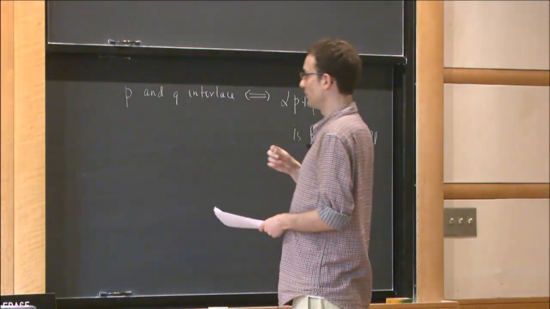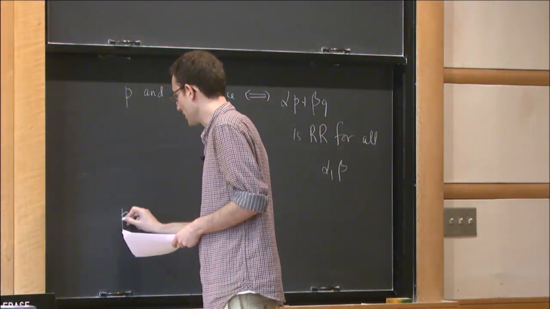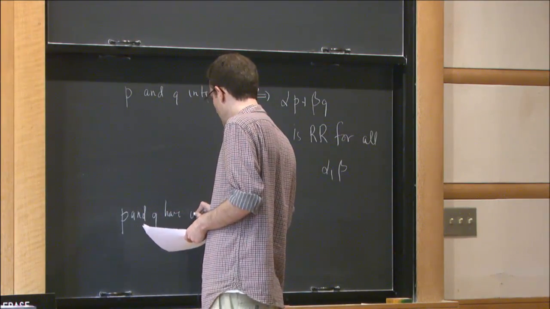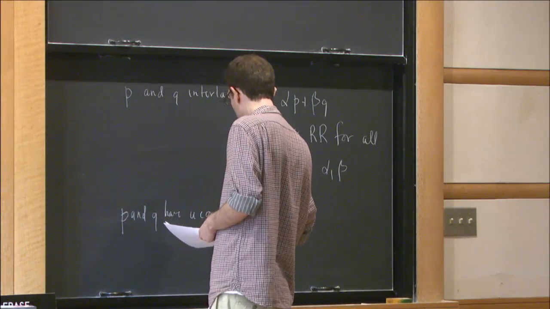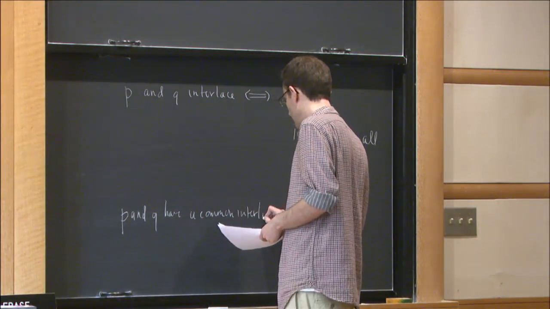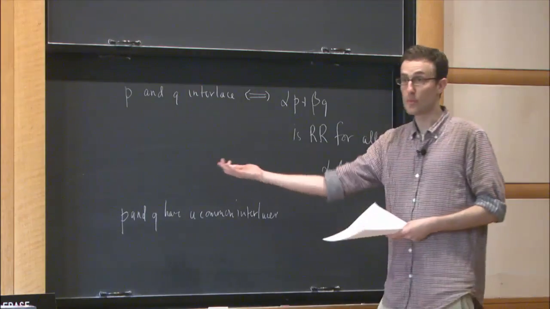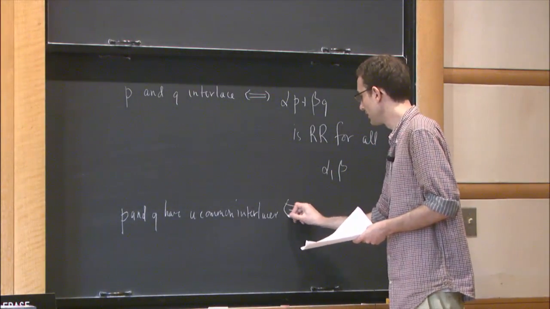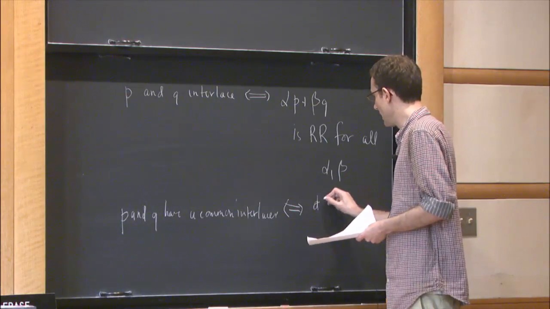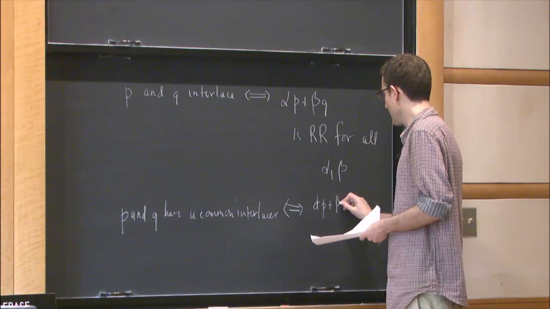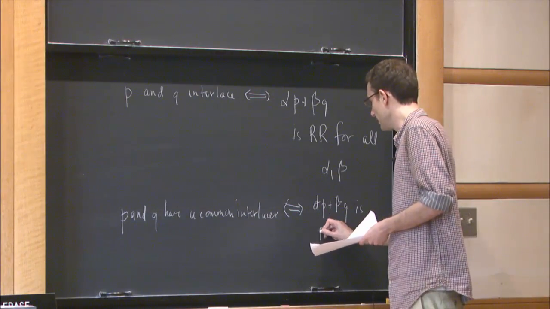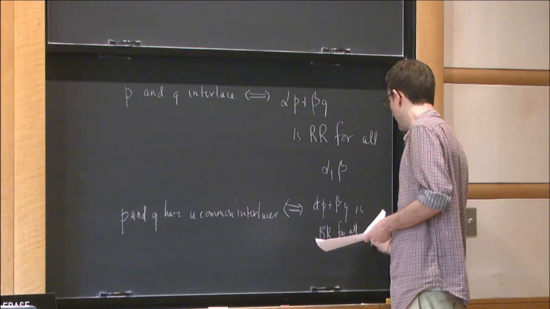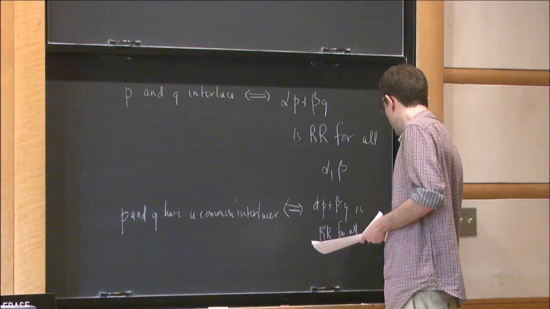And P and Q have a common interlacer, so that's some other polynomial that interlaces both of them, if and only if alpha P plus beta Q is real rooted for all alpha and beta greater than or equal to 0.